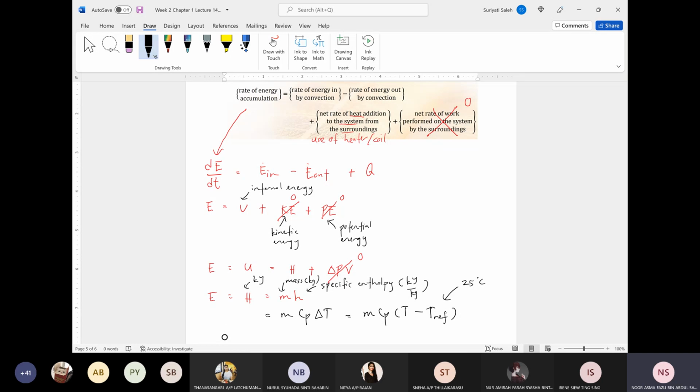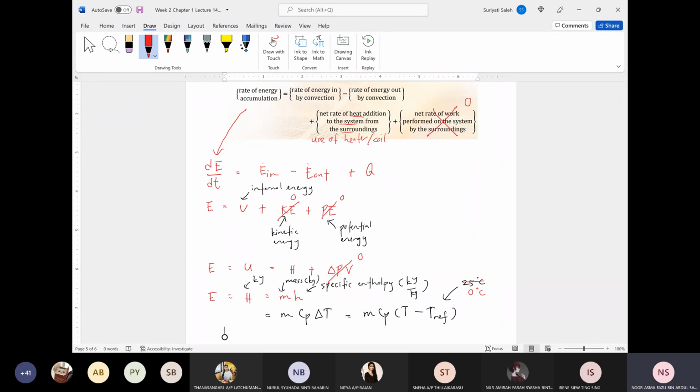So for the process control subject, we further neglect the T reference, or sometimes we use not 25 degrees C but 0 degrees C, just to eliminate the reference temperature variable.